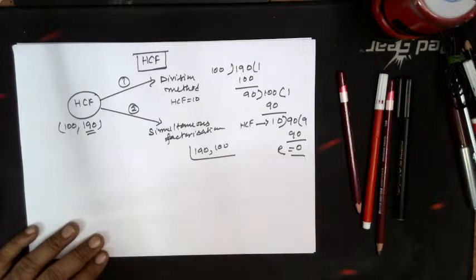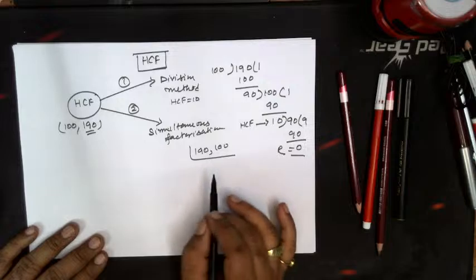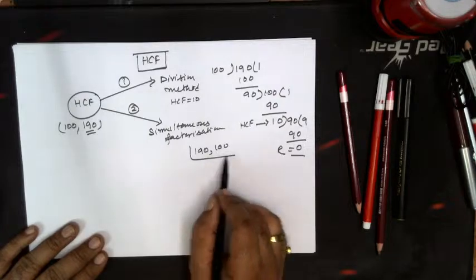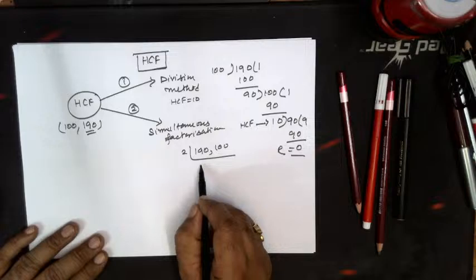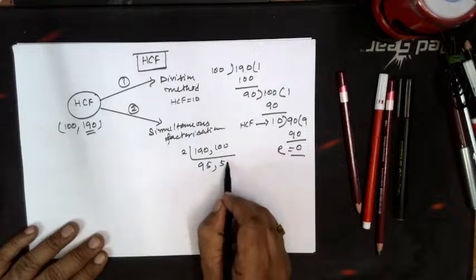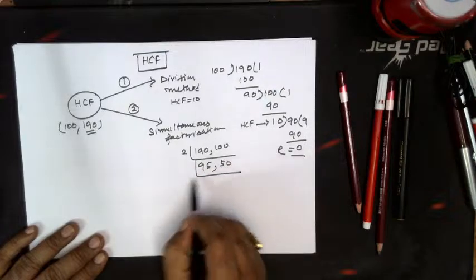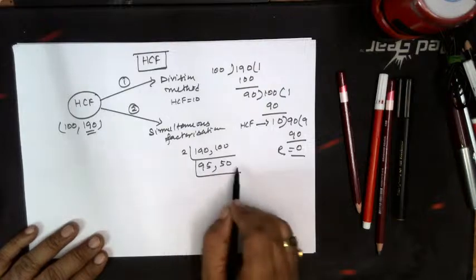Start from the smallest prime number always. So what is the smallest prime number? 2. So how many times? 9 2s are 18, balance 5 times. This one is 50. Now this is not divisible by 5 further with 2, but divisible by 5.